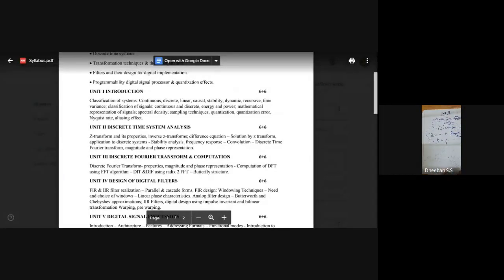First, you have to know about the Z transform. So what is the Z transform? Just write the heading Z transform.